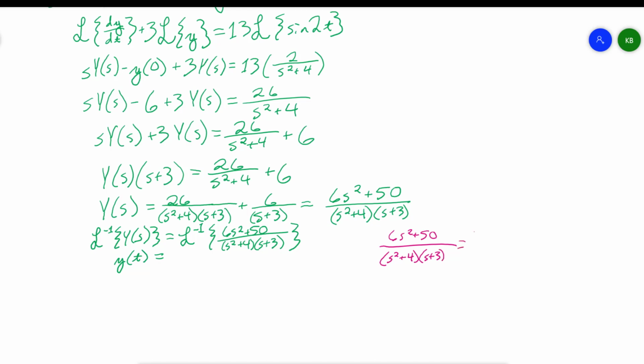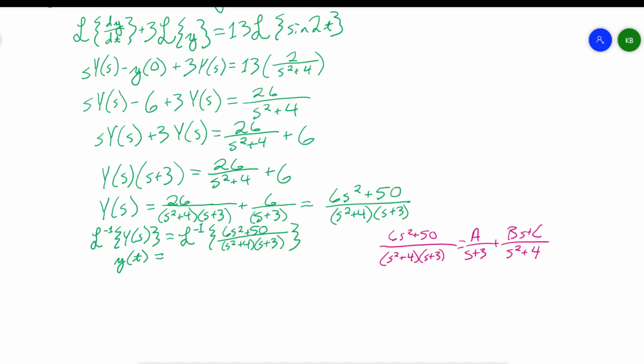I want that to equal A over s plus 3 plus, now when I've got s squared plus something, B times s plus C in the numerator of my second fraction over s squared plus 4. That's a partial fractions thing that if you're not familiar with it, please go back and review that at some point. And then we need to solve this.